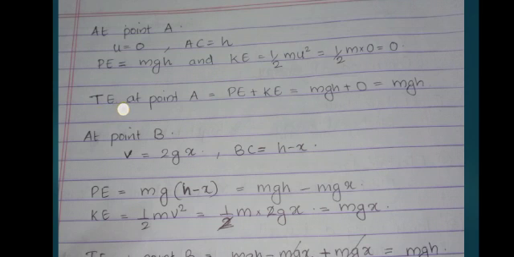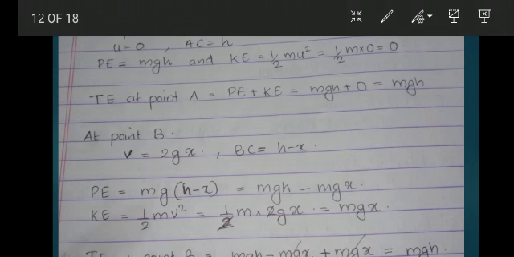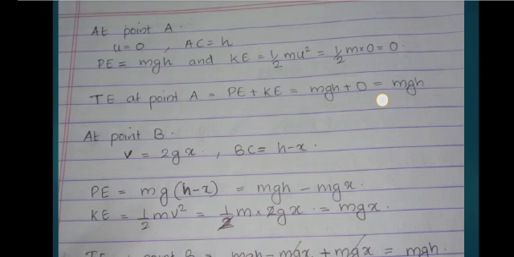Now we are going to find the total energy at point A. The total energy at point A is PE plus KE, that is mgh plus 0, which is equal to mgh. So the total energy at position A is equal to mgh.